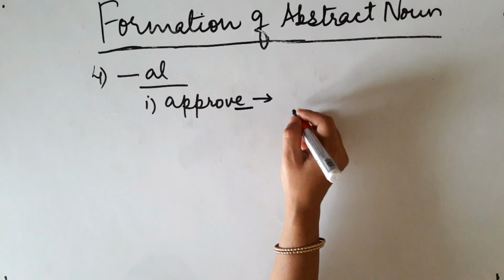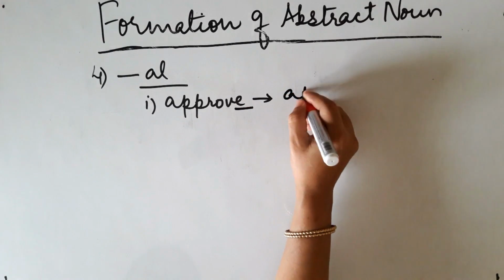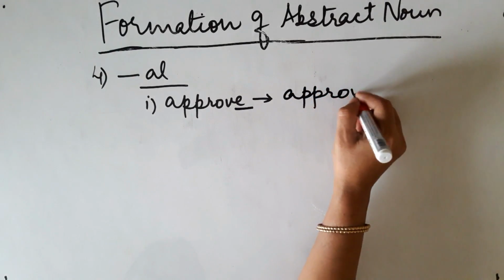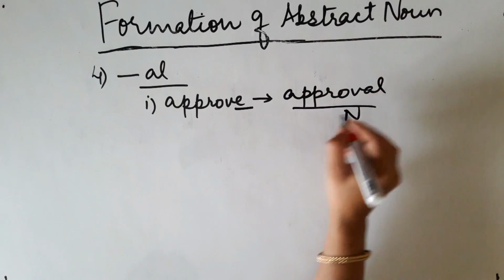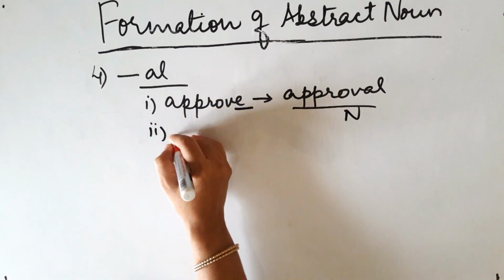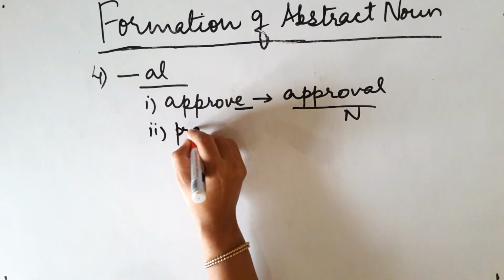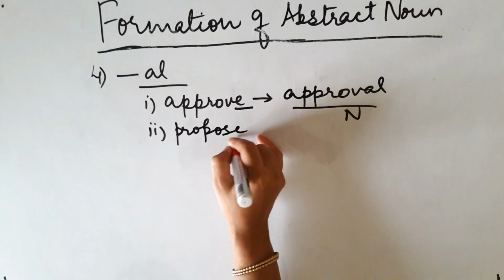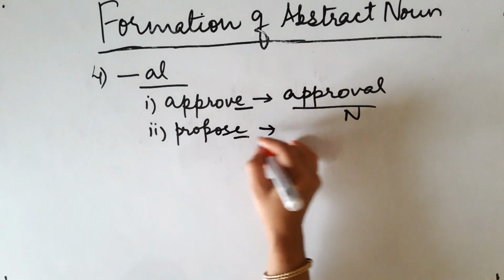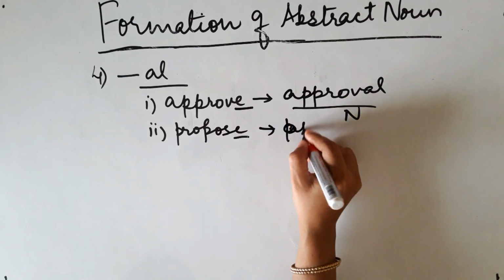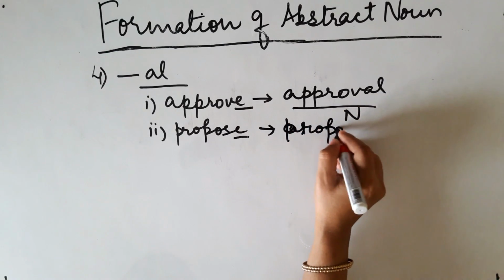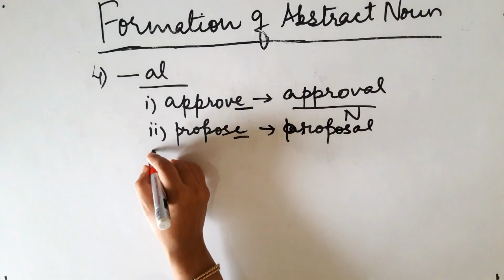We replace this e with al and it becomes approval, which is a noun. We have words like propose. Again we replace this e with al and it becomes proposal.